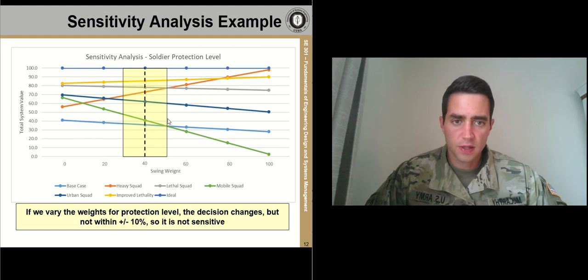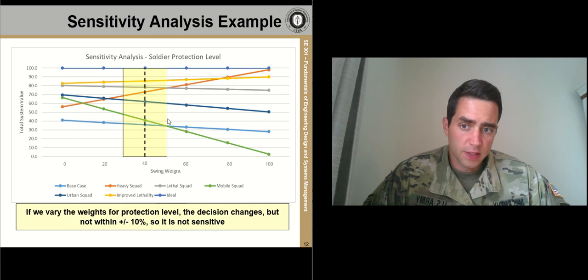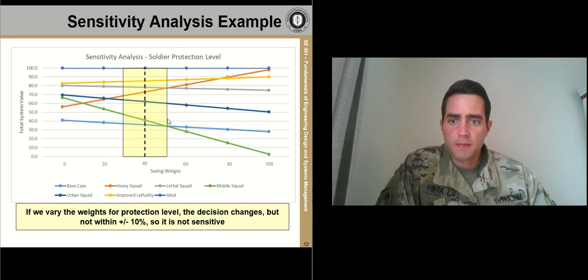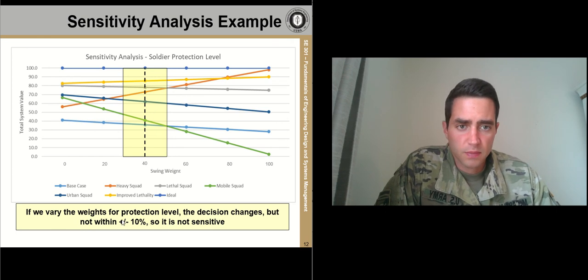That indicates that the value measure is sensitive. Because there's a crossover, because there's an intersection, our value measure is sensitive. But is it significantly sensitive? That's when it's useful to look at this diagram right here.